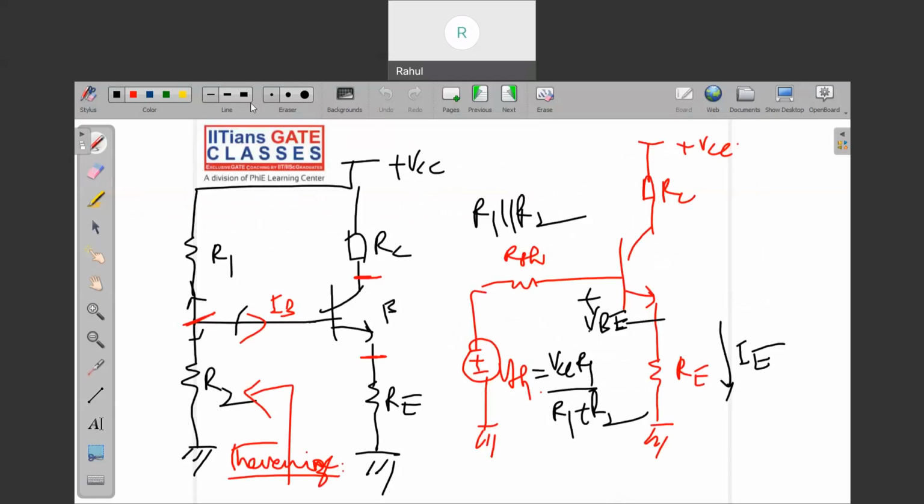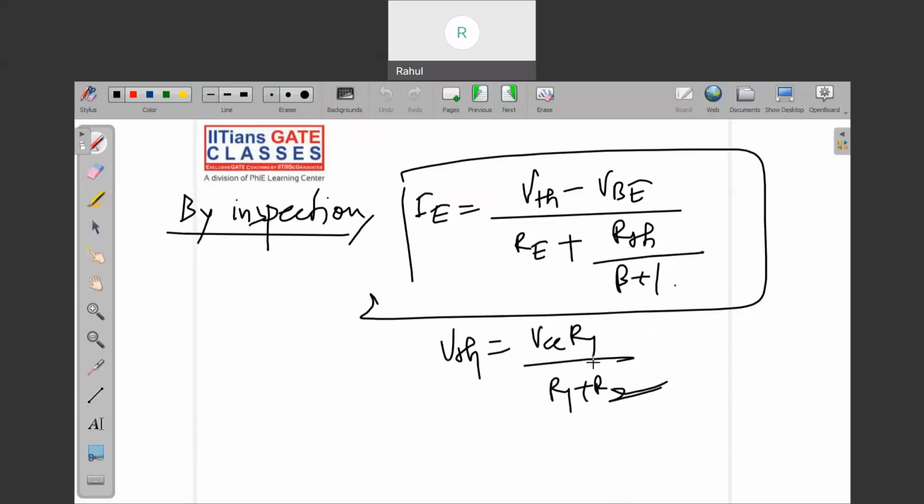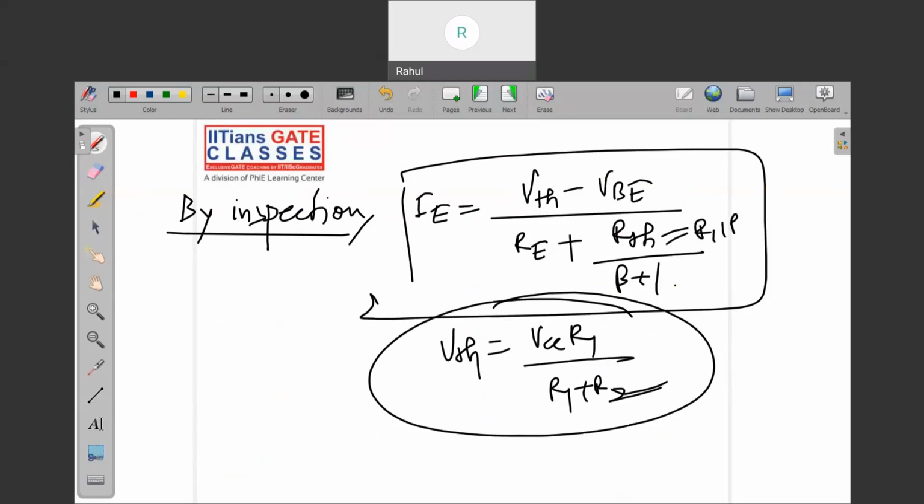This is R2, sorry, let me erase this. Yes, it's okay, this is R2 and this is R1, so everything will be correct. And this RTH is R1 parallel R2.